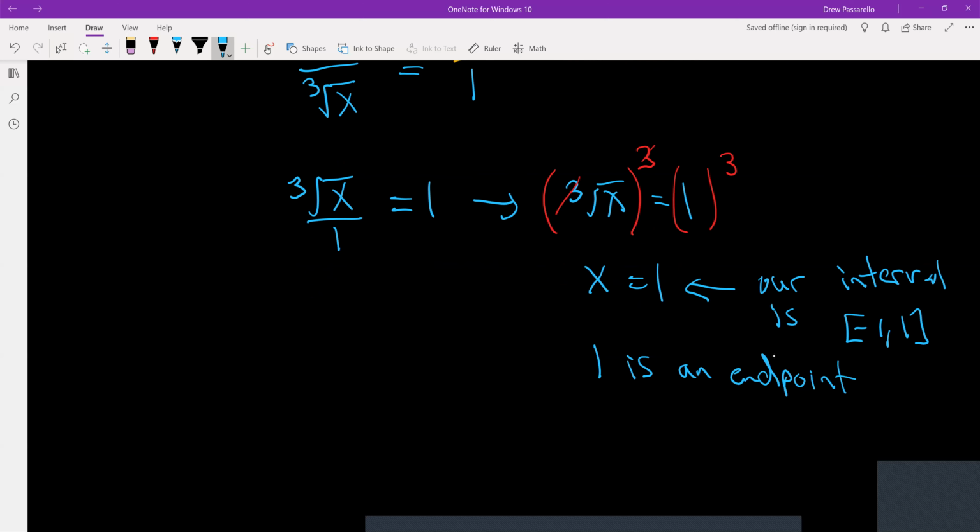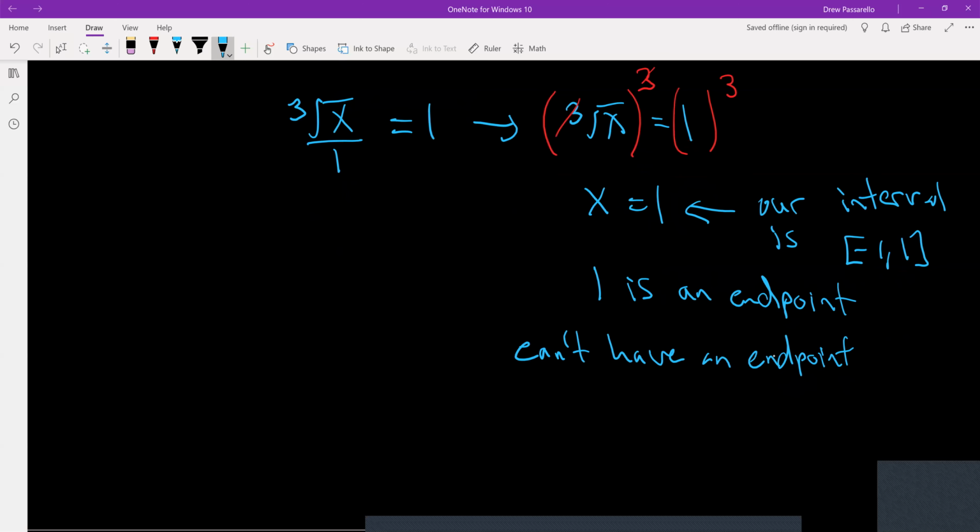You can't have an endpoint be a critical number. Right, our interval, we're supposed to ignore the endpoints when you're dealing with the critical numbers. So really you would handle it as parentheses negative 1 and then parentheses around 1.